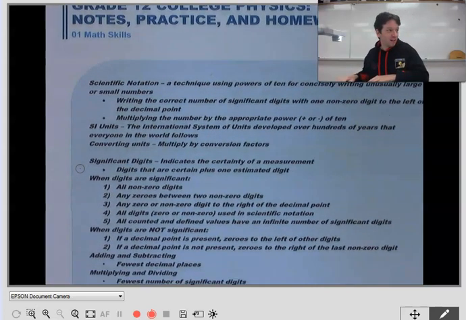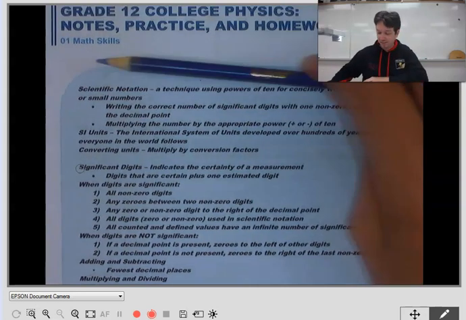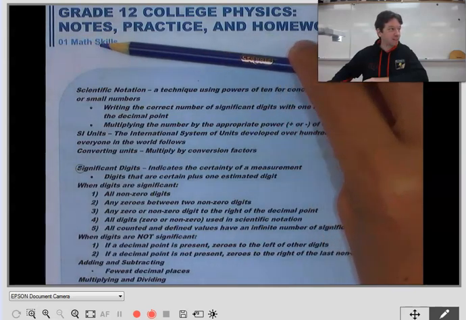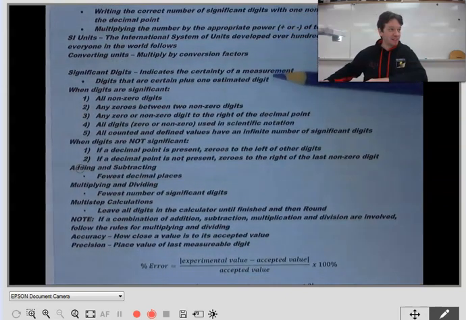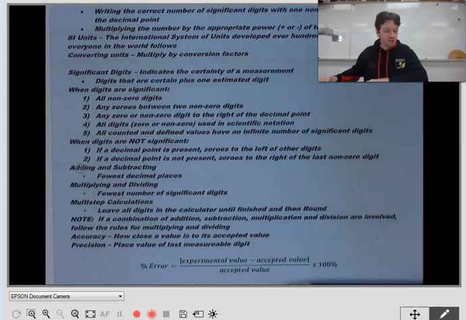Now on your handouts, they all look the same, except this will tell you what lesson we're on. So we're on the first lesson for math skills. What's in here is basically a summary of what's in the PowerPoint. So if you're rushing to take down notes from the PowerPoint, you don't need to, for a couple reasons.